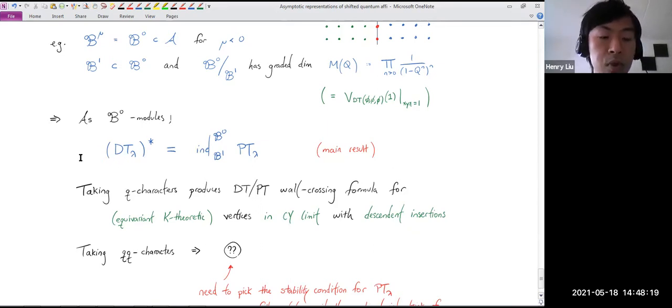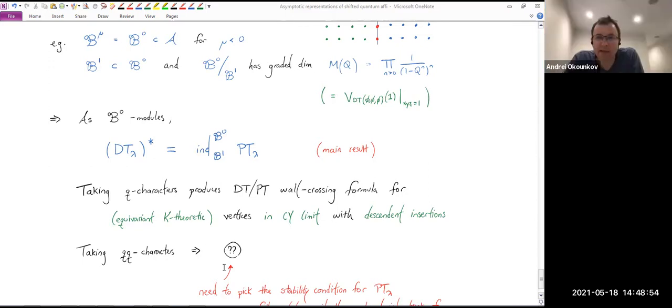Here, these DT modules are going to be modules for a more complicated algebra, and the antipode there is more complicated both in terms of the abstract expression and also in terms of concrete computation. Maybe it can be done in practice, but it's certainly not something I've tried yet.